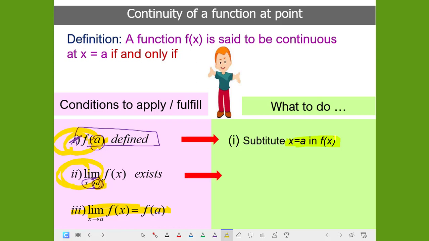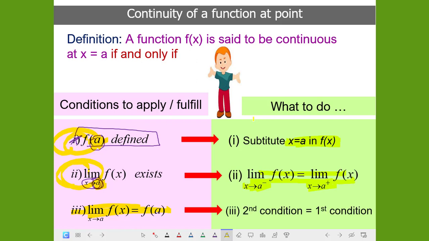The second step is to check whether the limit of f(x) as x approaches a on the left is equal to the limit as x approaches a on the right. If they are equal, it means that the limit exists. The third step is to check whether condition 1 is equal to condition 2. If equal, it means that the function is said to be continuous.